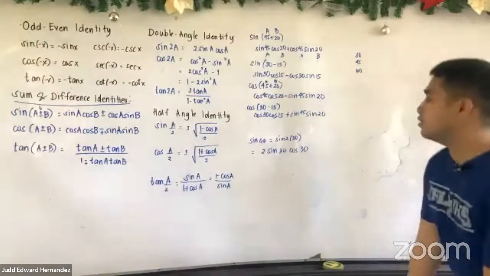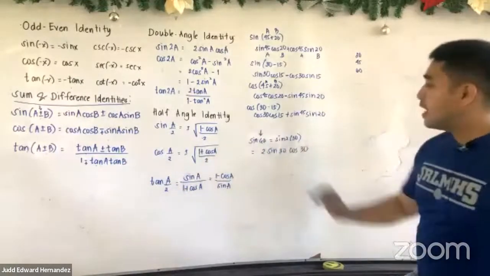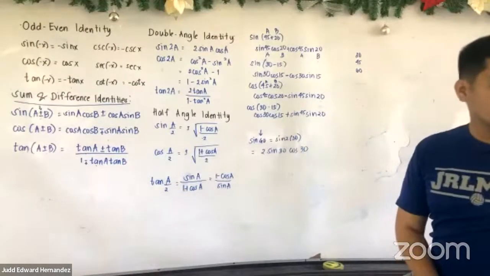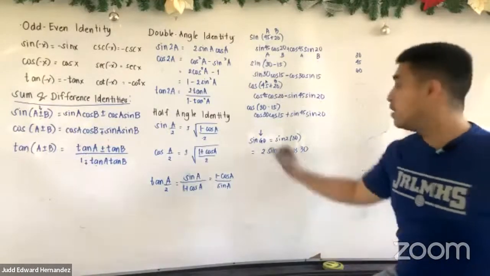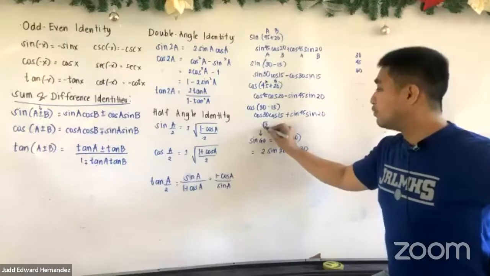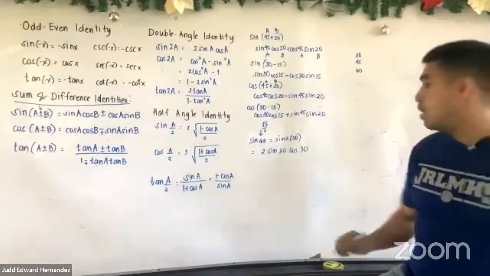Since I taught you that, I know that you know the value of sine 60. What is the value of sine 60? Square root of 3 over 2. Okay, look at this.